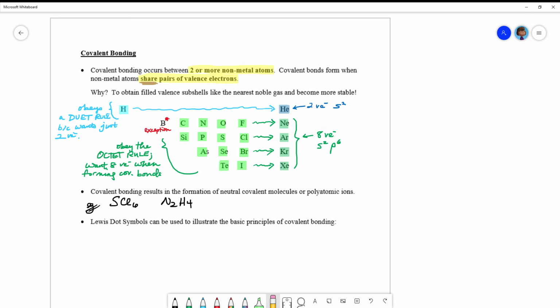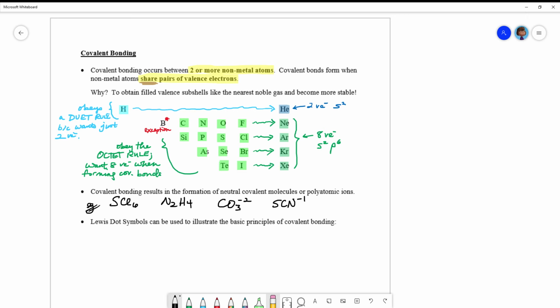But covalent bonding can also produce polyatomic ions. So polyatomic ions such as CO3 negative 2, carbonate, or say SCN negative 1, thiocyanate. If you look at the elements in carbonate, carbon and oxygen are nonmetals.